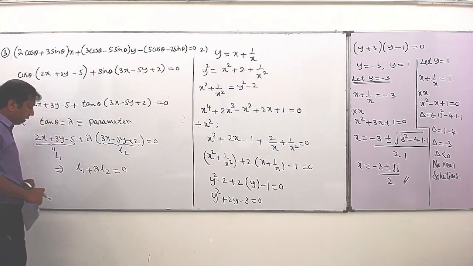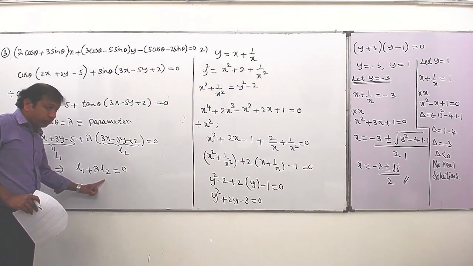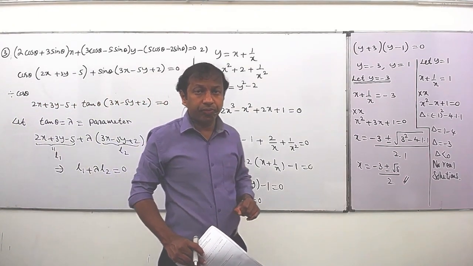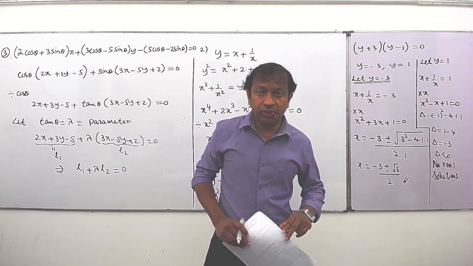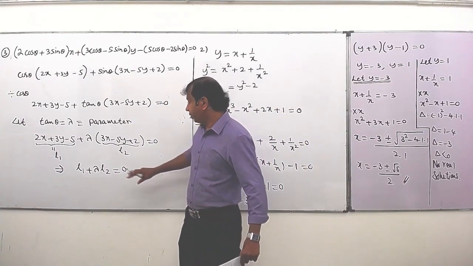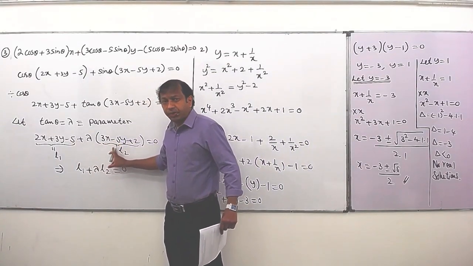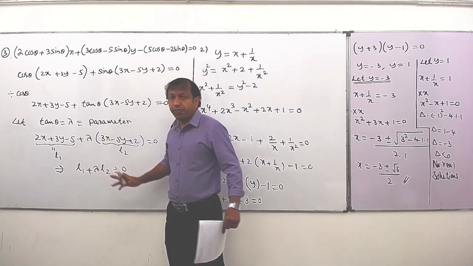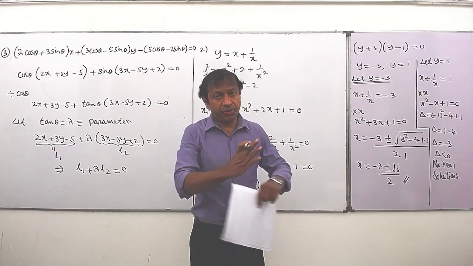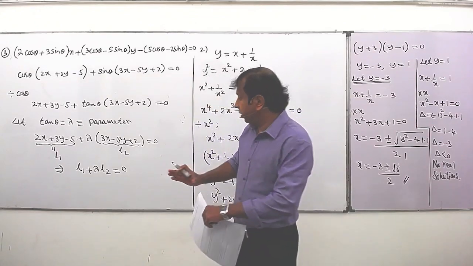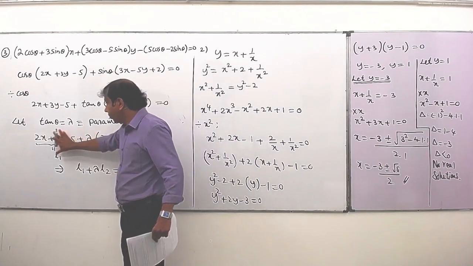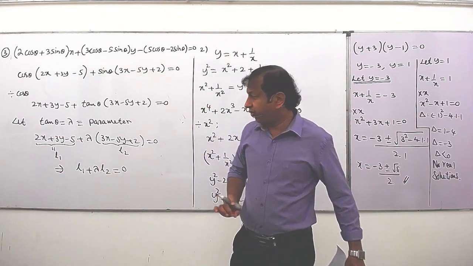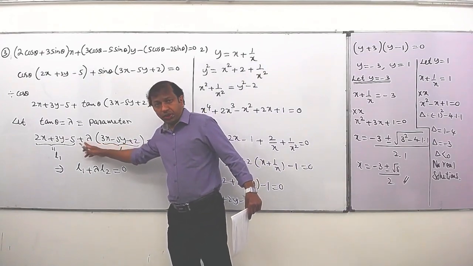We learned in the straight line lesson that this form gives us a variable straight line which passes through the point of intersection of these two lines.